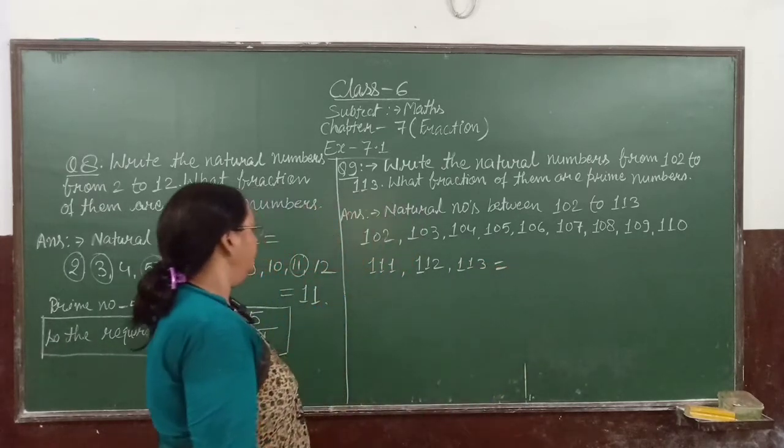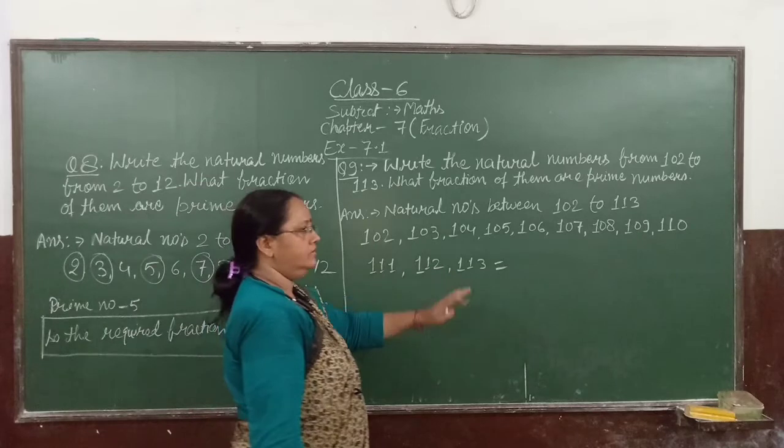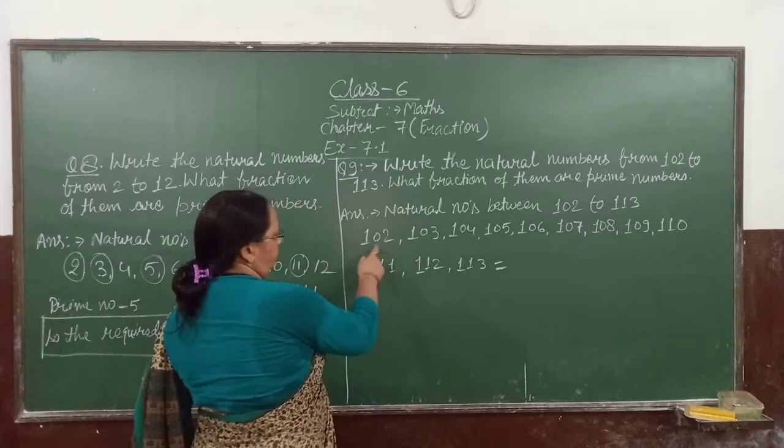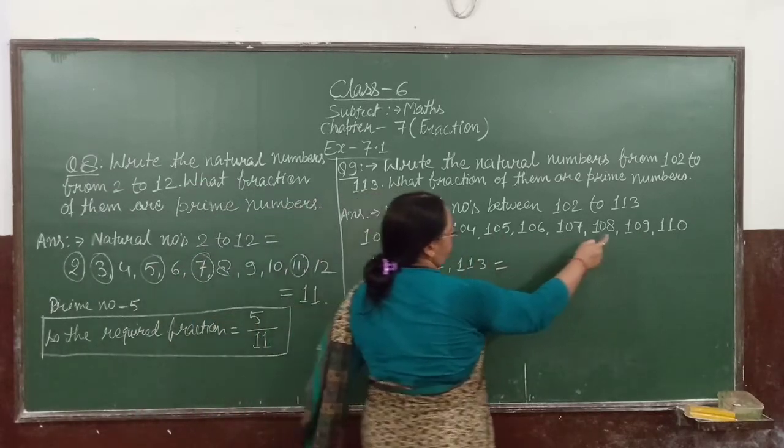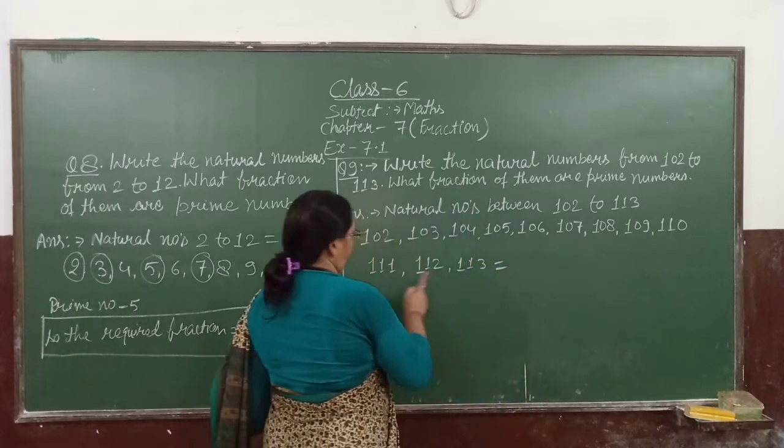How many numbers are there? There are 12 numbers. Count it: 1, 2, 3, 4, 5, 6, 7, 8, 9, 10, 11, 12.